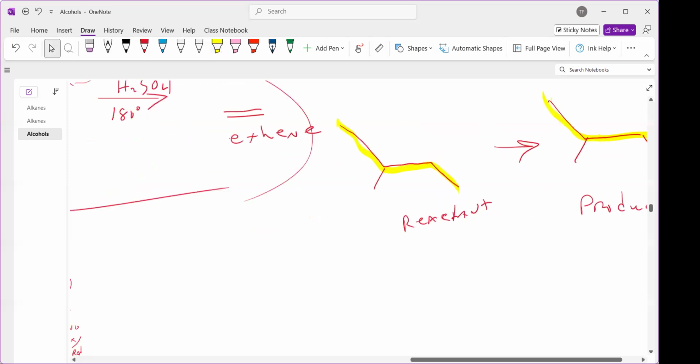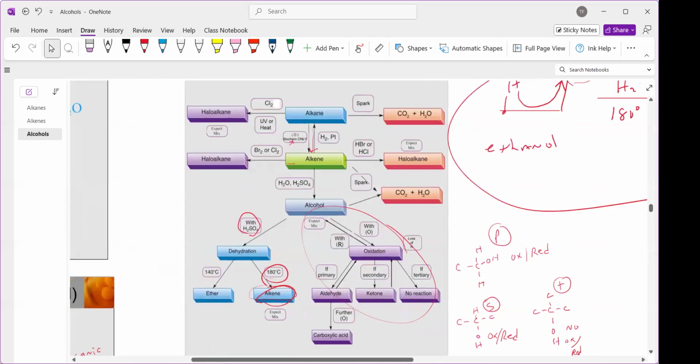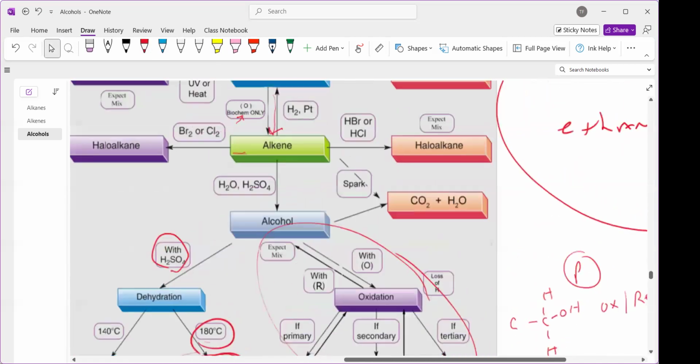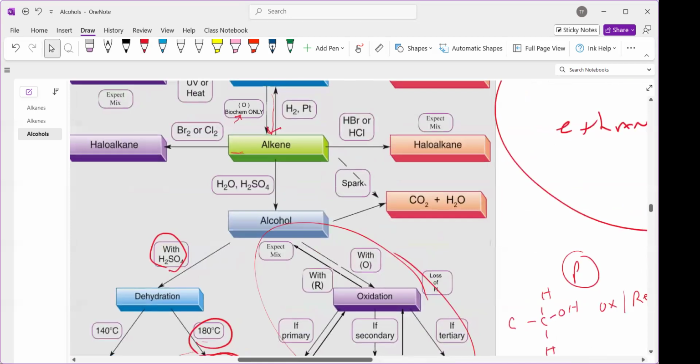Now, if we look at the chart again here, when we add water and an acid across the double bond, we create an alcohol.